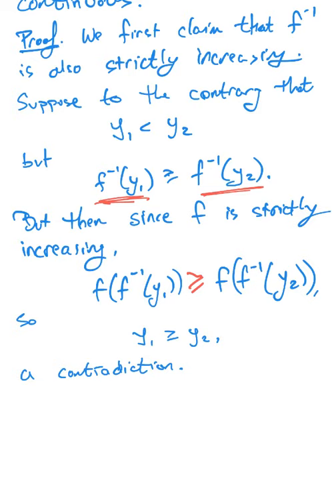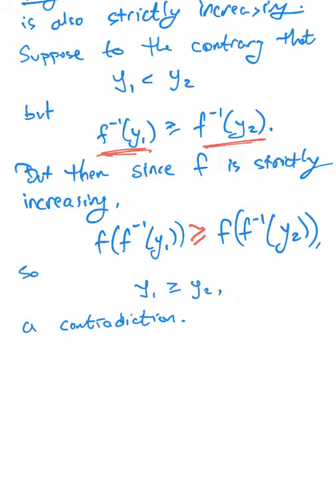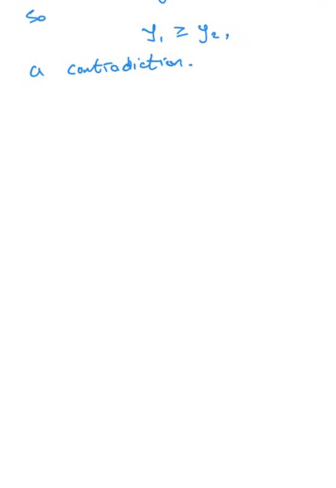Questions? Okay. We need f inverse to be strictly increasing for the way our proof is going to work now. So I'm going to scroll up, and now I'm going to prove the continuity.